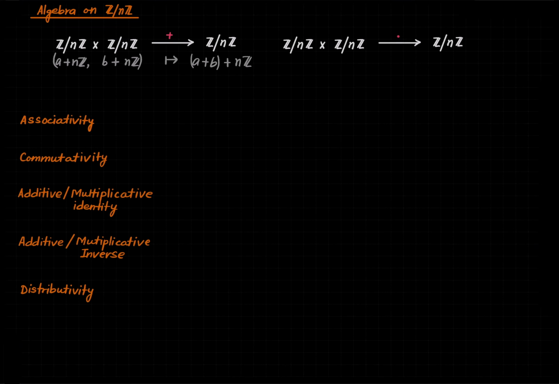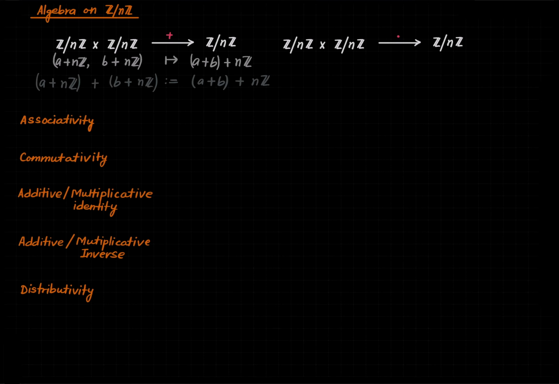As usual, if you know about fields, which I'm assuming you do, the more practical way of writing the same thing is the following. This thing plus that thing is defined to be: you add a and b, and then write plus nZ.